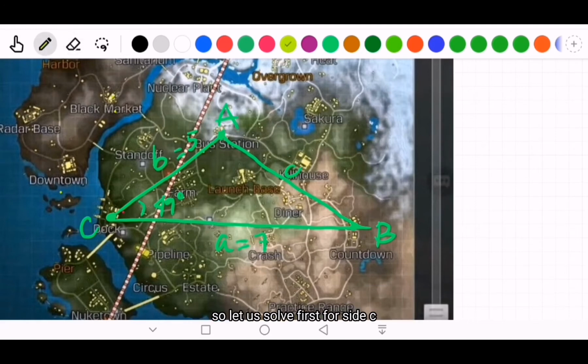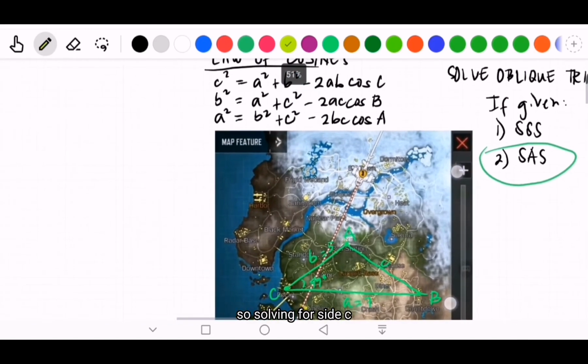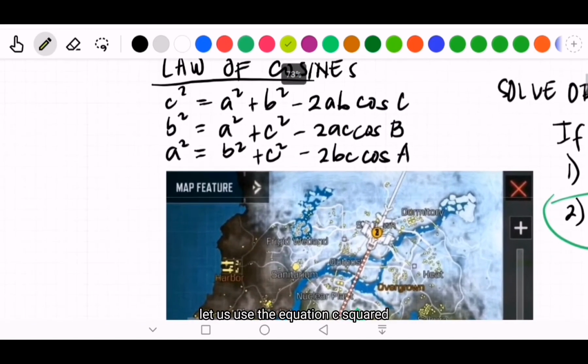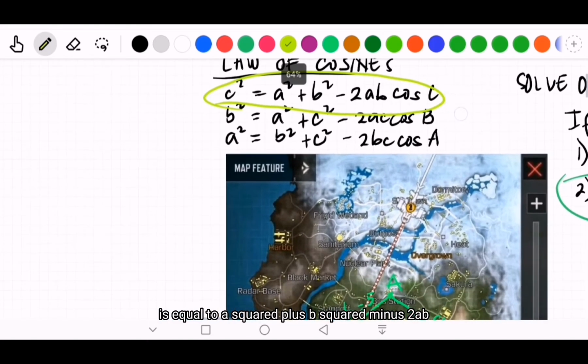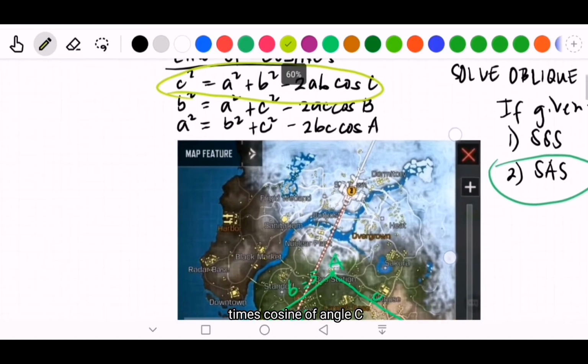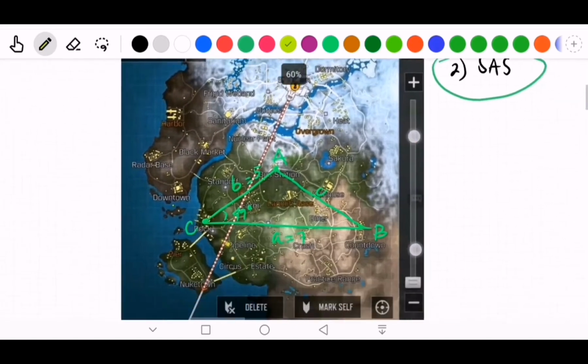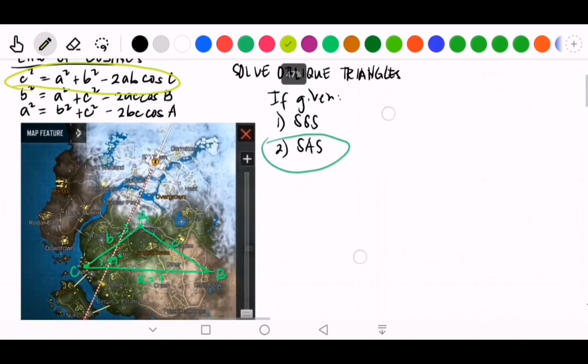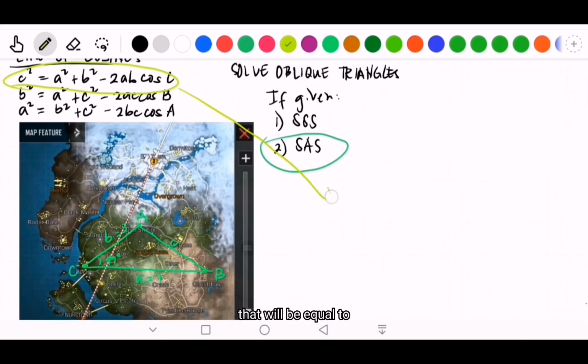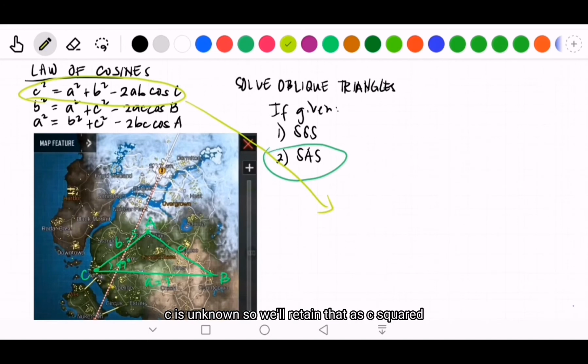So let us solve first for side C. Solving for side C, let us use the equation C squared is equal to A squared plus B squared minus 2AB times cosine of angle C. By simply substituting the values, C is unknown, so we'll retain that as C squared.